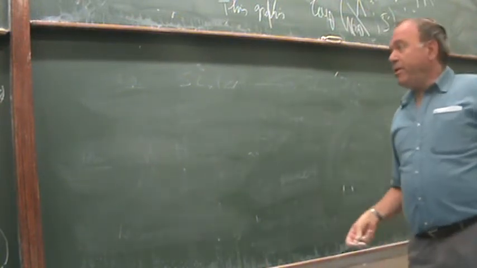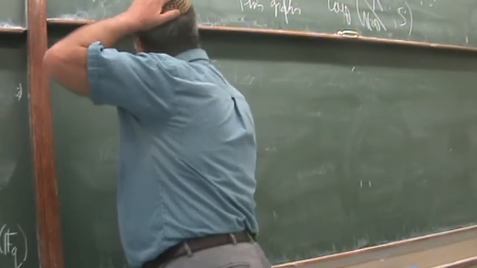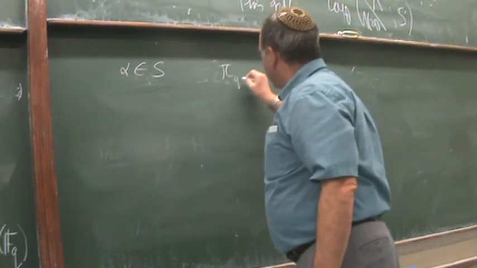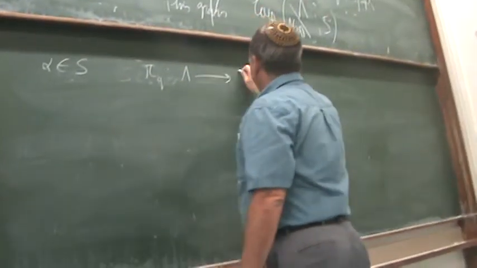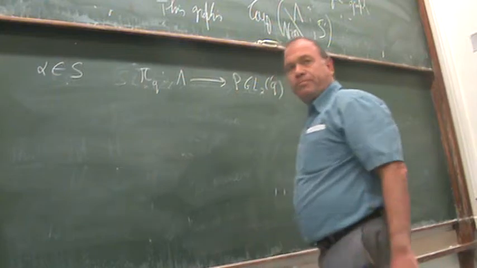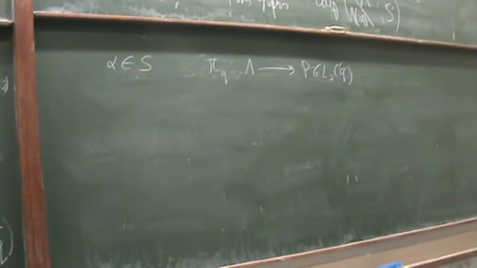Okay. Now, what we know, let alpha be an element of S. And then let pi be the map from lambda to PGL2 Q. Right? We have such a map. Let's follow what happens to this alpha, where it goes.